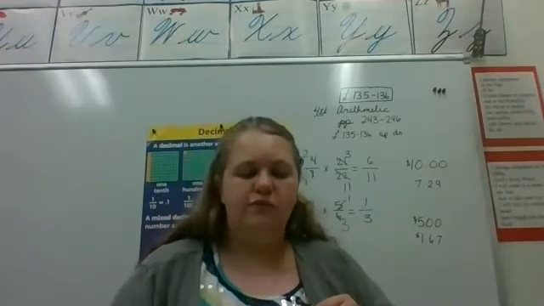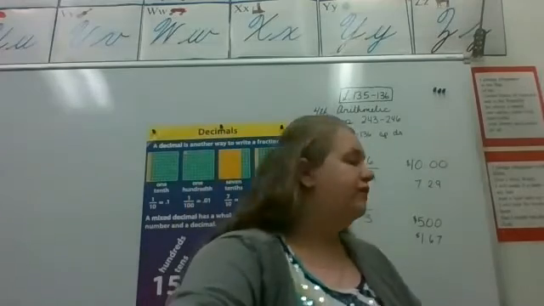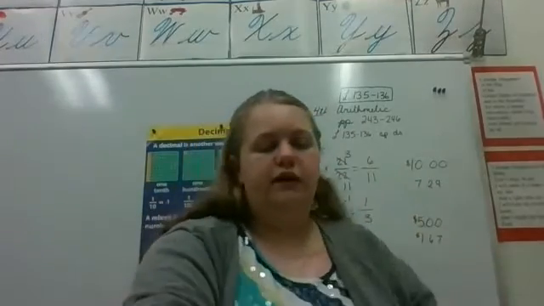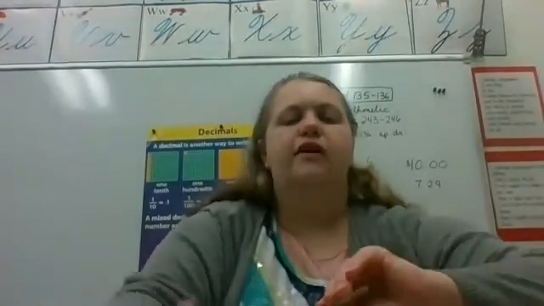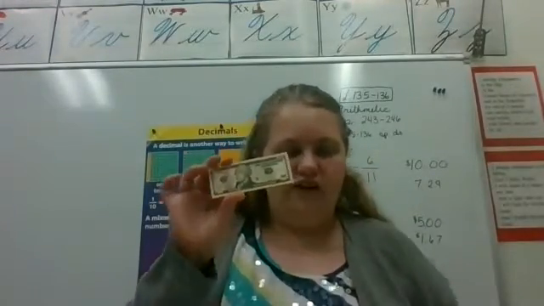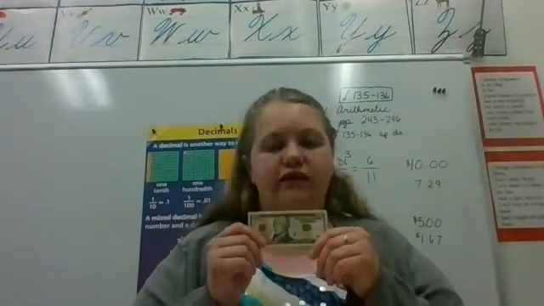So now let's move on to counting back change. I have some numbers up here on the board. If I have $10, and I'm going to pull out our money, $10, and I need change if I want to buy something for $7.29.